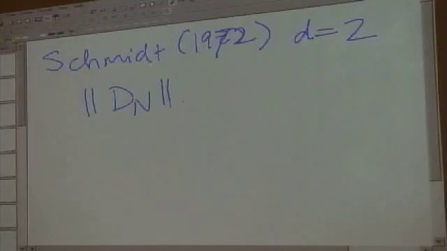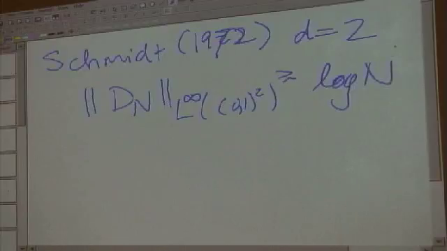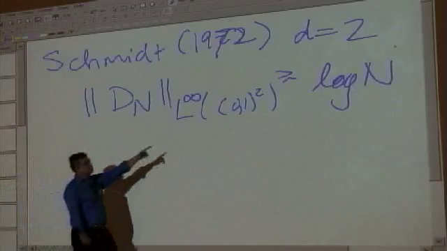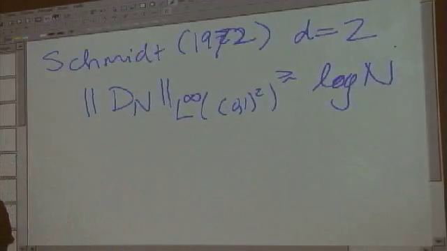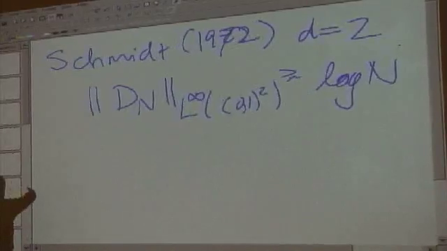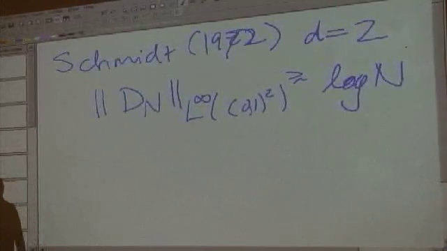Dn in L infinity is bigger than square root of log n. So again, the square root of log n is Roth's theorem, the average case bound. Schmidt says gain the square root.